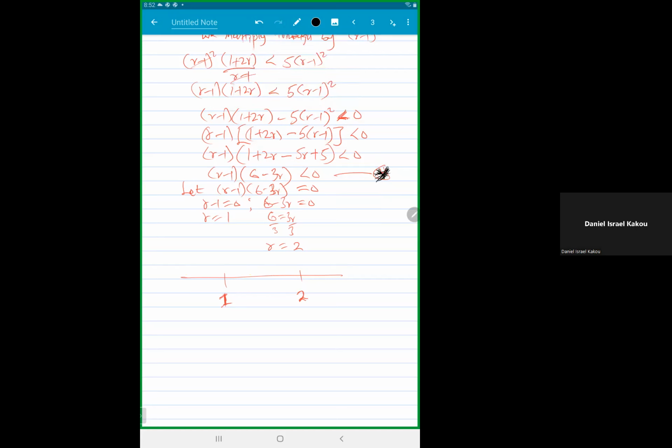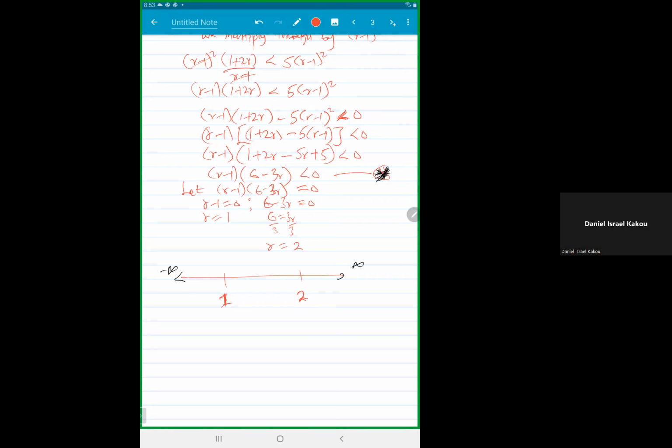So I will just need some values in between these two boundaries. That is, this is a number line, obviously starting from minus infinity to positive infinity. So I obviously can choose any number from minus infinity to 1. I can choose any number from 1 to 2 and any number from 2 to infinity to test the inequality at star.